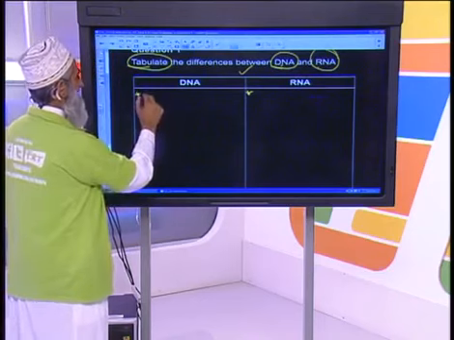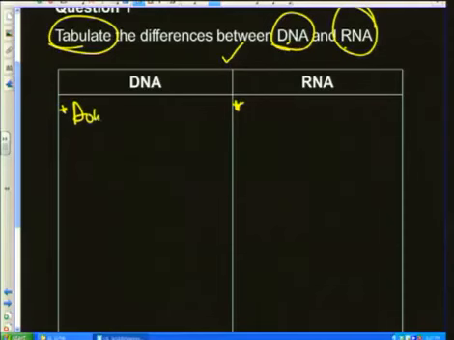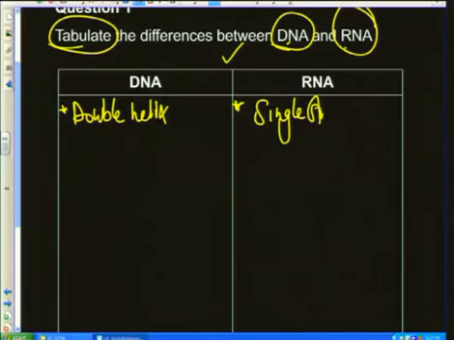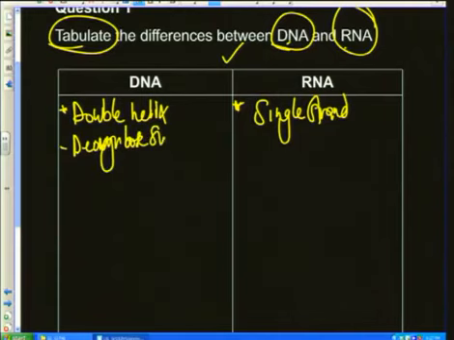The first one we learned is that DNA is a double helix and RNA is a single strand. That's the first difference. The second difference is that DNA has deoxyribose sugar, and RNA has a ribose sugar.